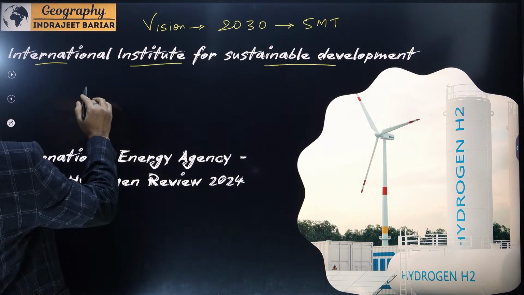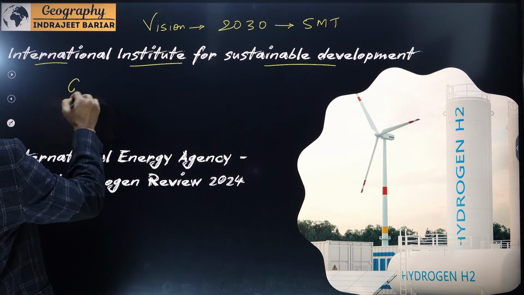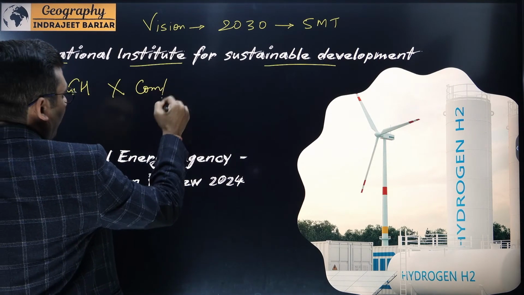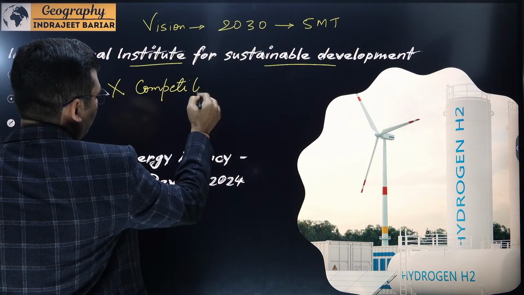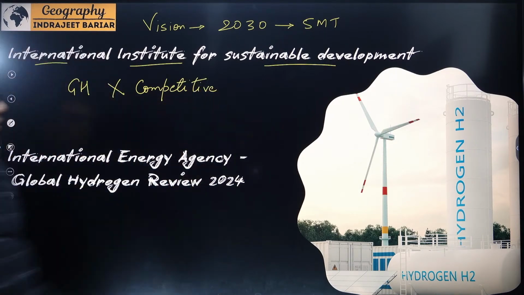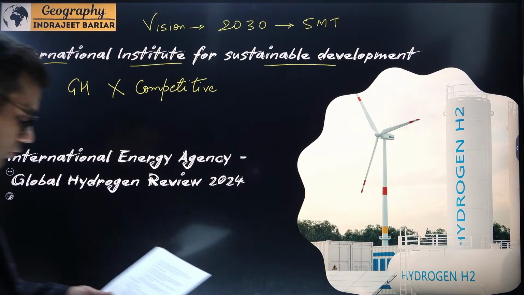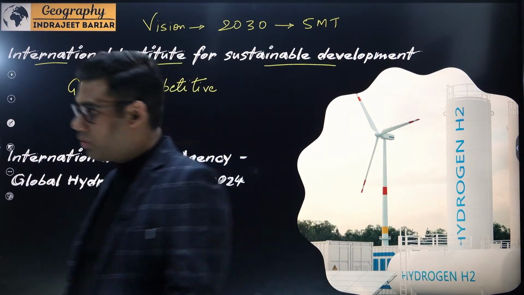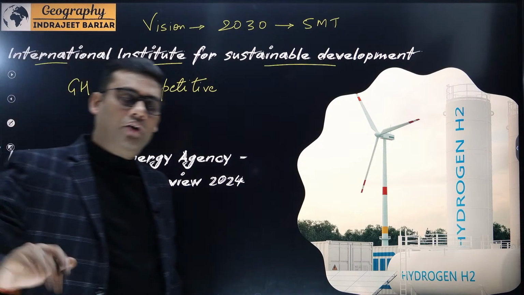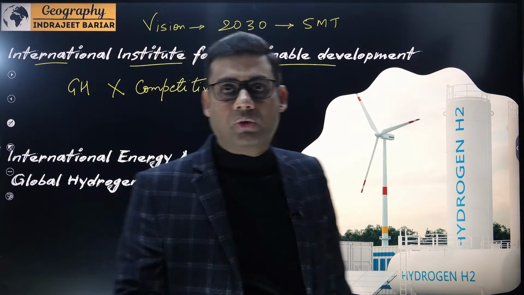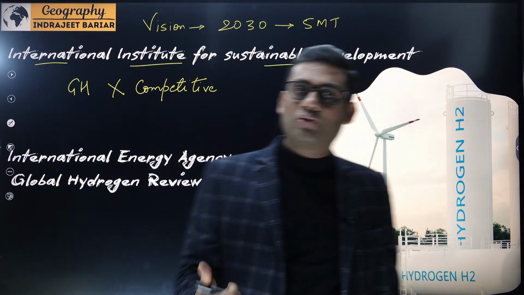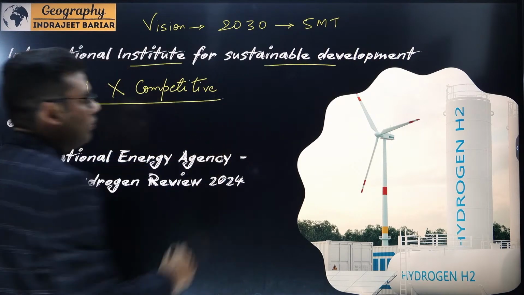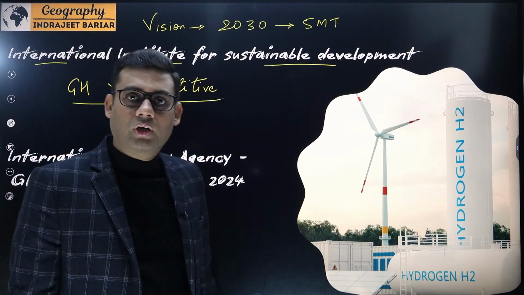What it basically says is green hydrogen would not be competitive. Even if you produce it, it would not be cost competitive with respect to gray hydrogen. And gray hydrogen is the hydrogen produced from natural gas. So first thing it observes is the competitiveness with respect to production of the hydrogen.